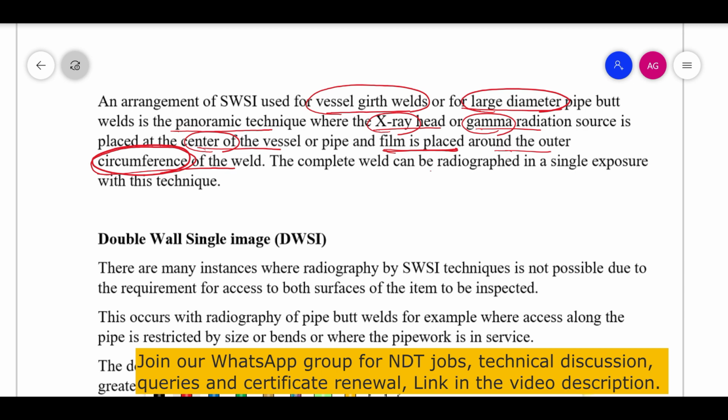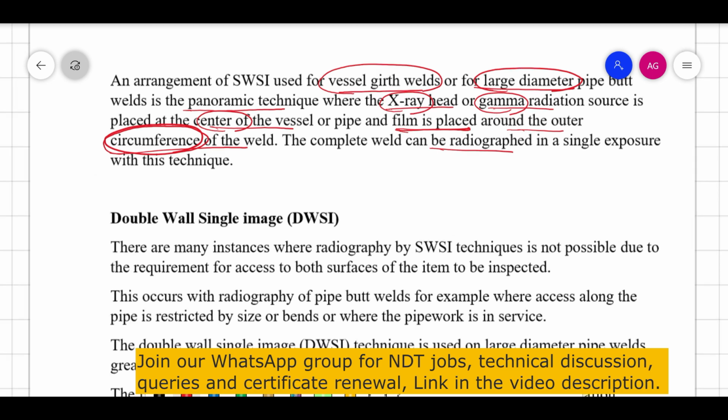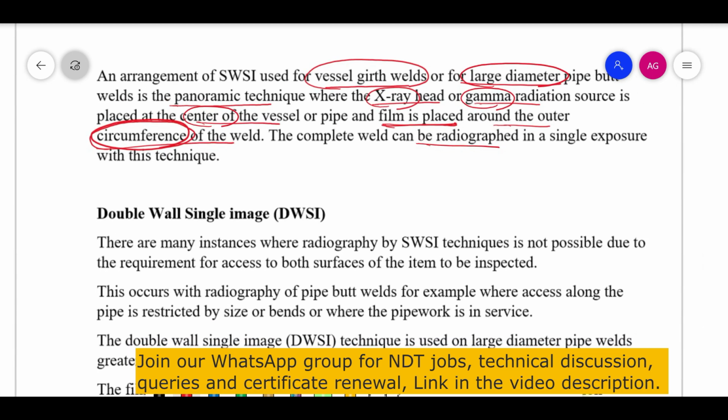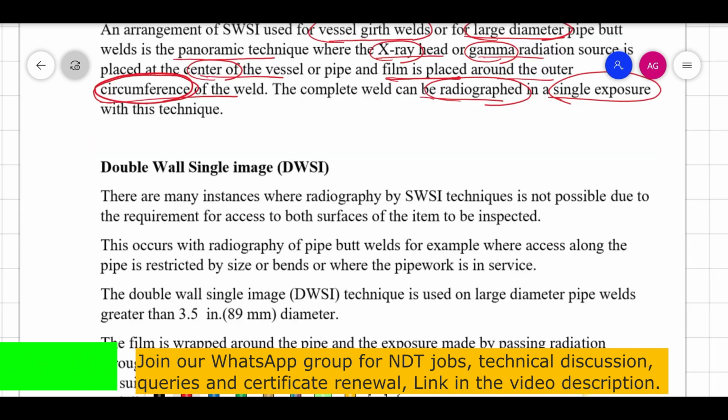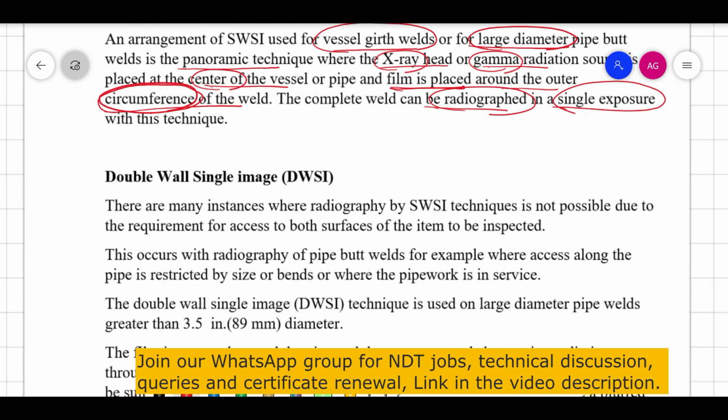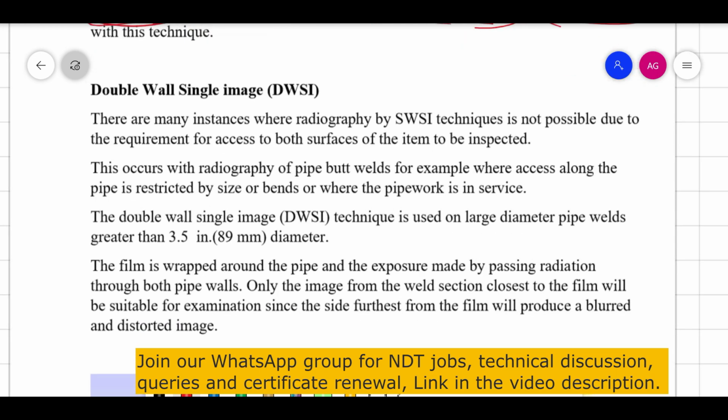The complete weld can be radiographed in a single exposure. So it is a very big advantage of this technique that you can radiograph one circumferential weld at one time, in a single exposure.